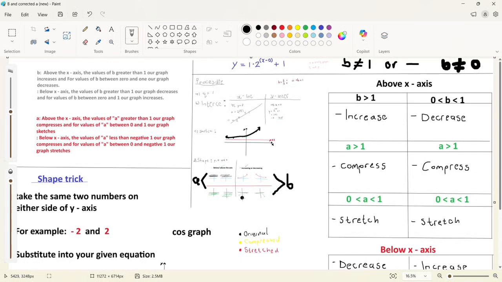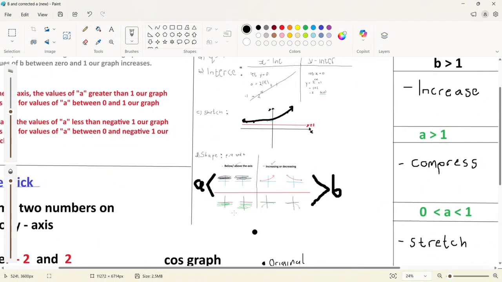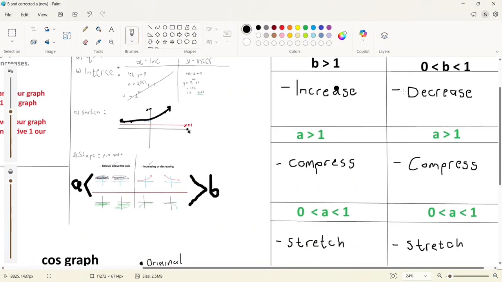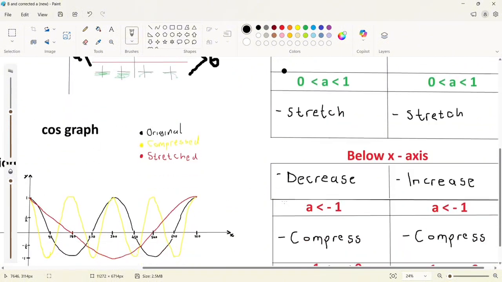So now we know this: b only causes our graph to increase and decrease, and that's it. And a causes our graph to be either above or below the x-axis. What causes our graph to be below the x-axis is negative values of a only, you feel what I'm saying?